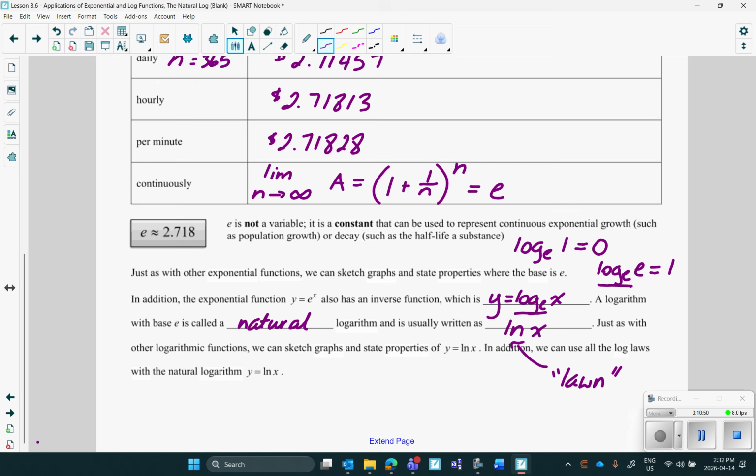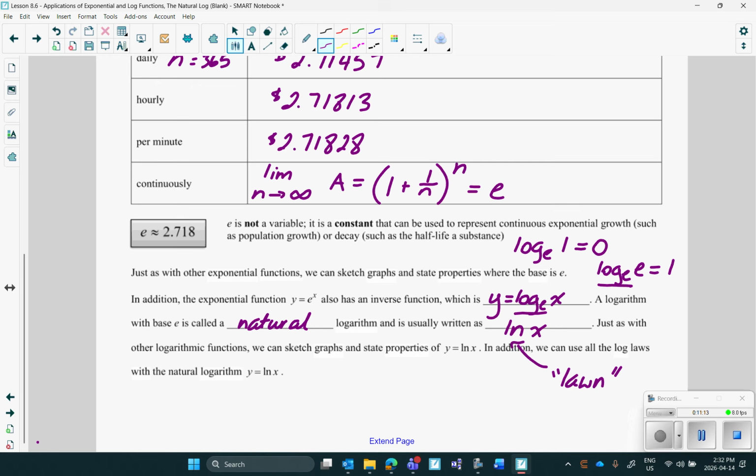It's usually above or below the log button. So whenever you do a calculation involving logs of base e, you're doing a natural logarithm or a ln.